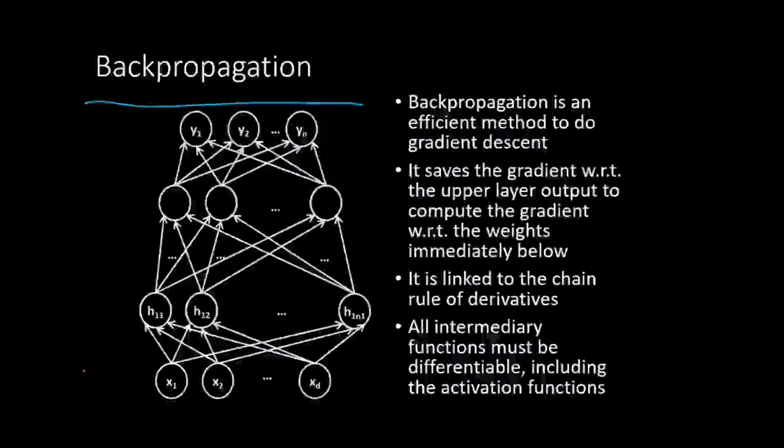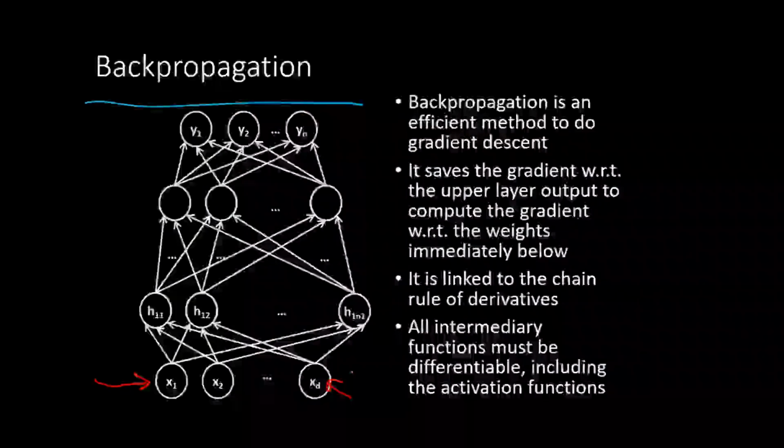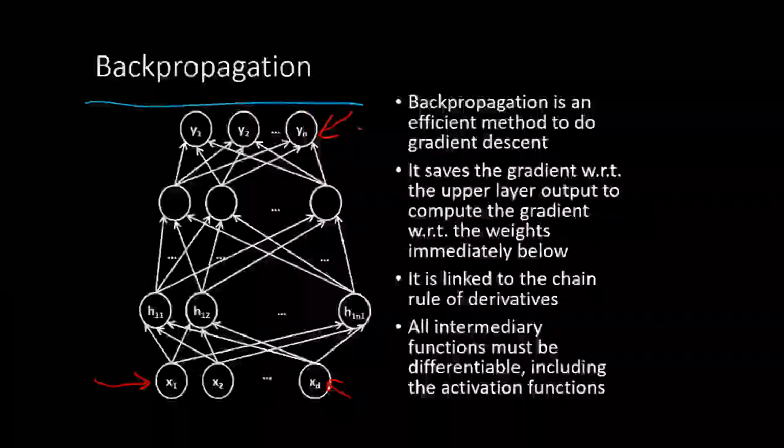Just to revise, in neural networks you have an input layer, and the number of neurons in the input layer is decided by your input dimension. If your input dimension is d, then you have d neurons in the input layer, whereas the size of the output layer is decided by the dimension of the output.